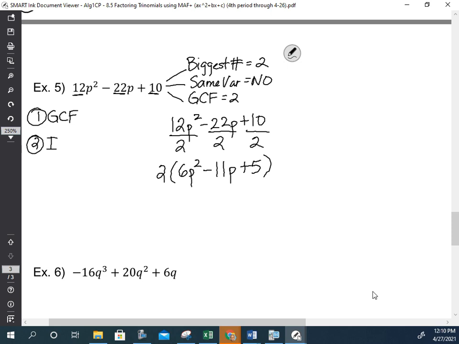Step 2. Identify A, B, and C. So A, B, and C inside parentheses. So A equals 6, B equals negative 11, and C equals 5.